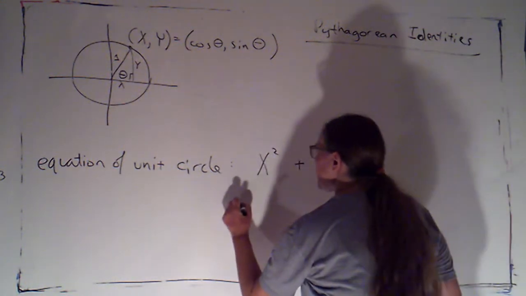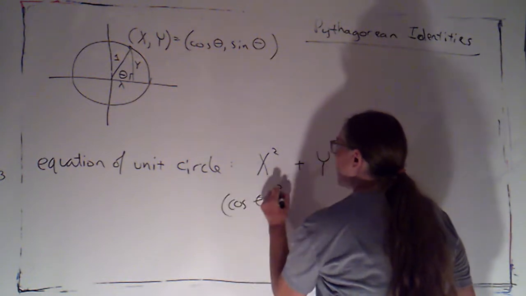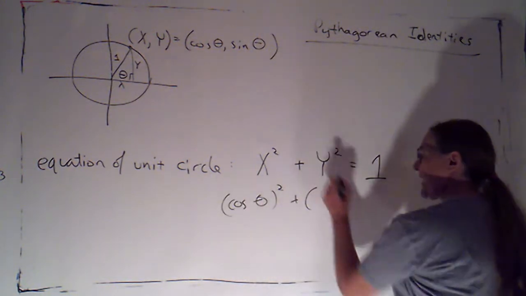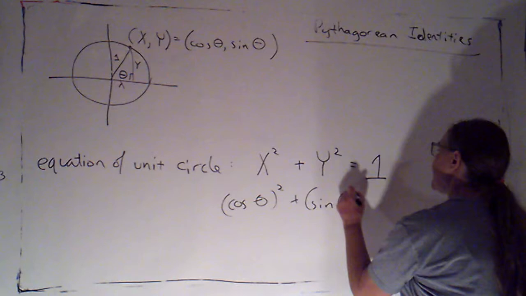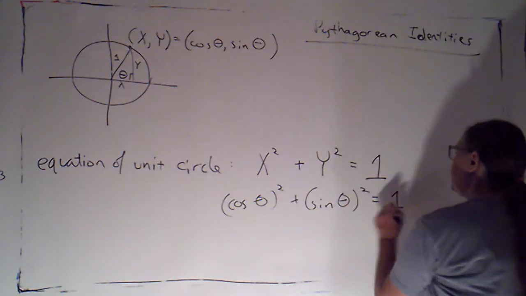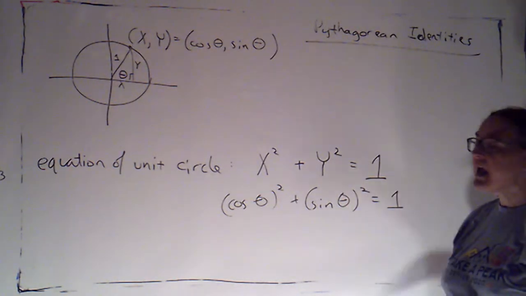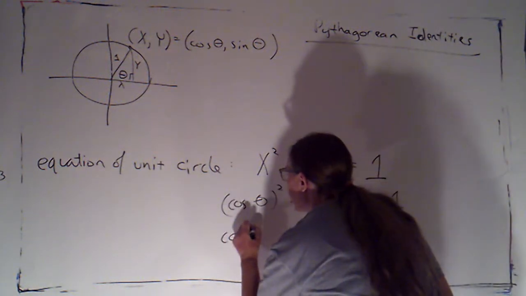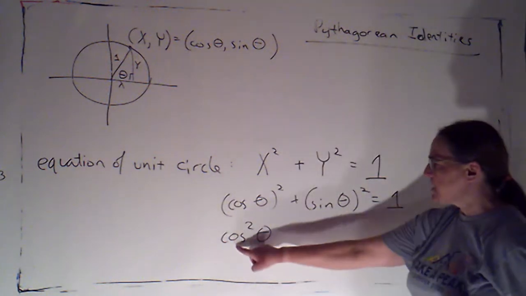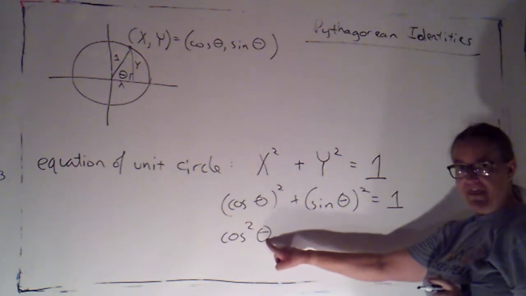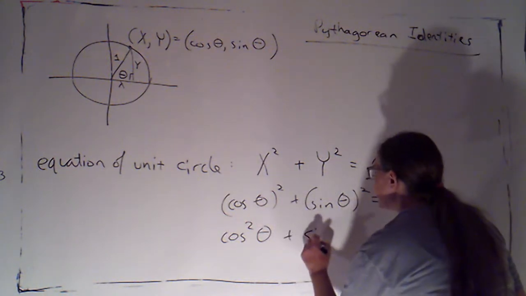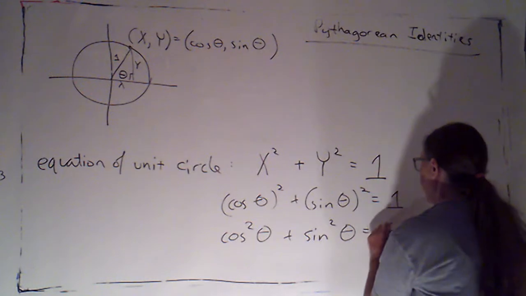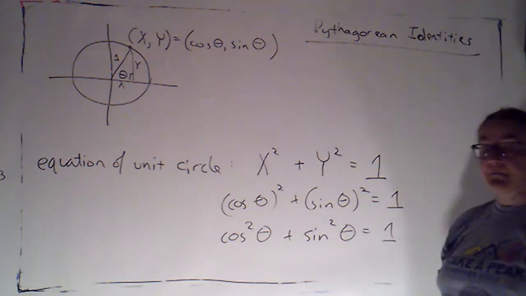So this means that cosine of theta squared plus sine of theta squared is equal to 1. And very often when we're squaring trig functions, we'll write it a little bit differently. Cosine squared theta plus sine squared theta is equal to 1.